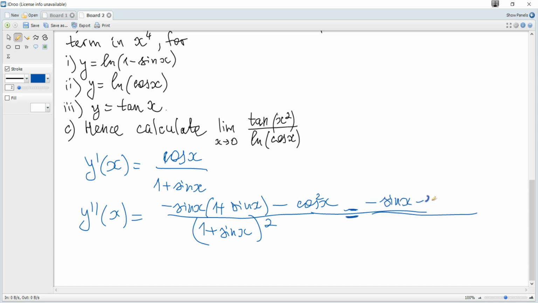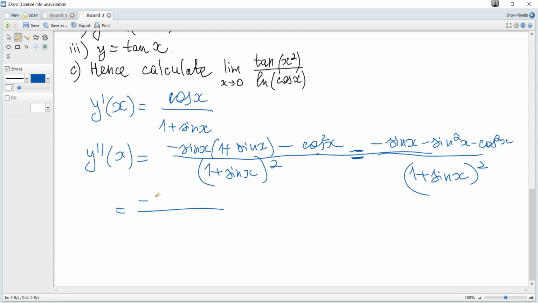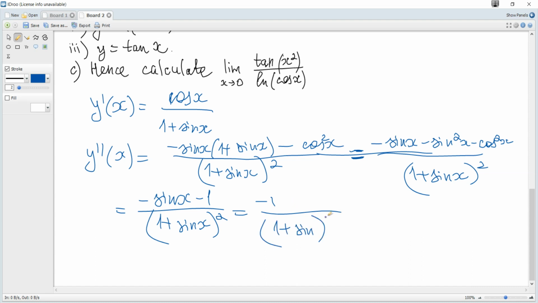and we can see that it is equal to minus sine squared minus cosine squared over 1 plus sine squared, and we can see that it becomes minus sine squared plus cosine squared, and sine squared plus cosine squared of the same argument is just 1, so it becomes minus sine minus 1 over 1 plus sine squared, and we can factor out -1, and it becomes -1 multiplied by sine plus 1.